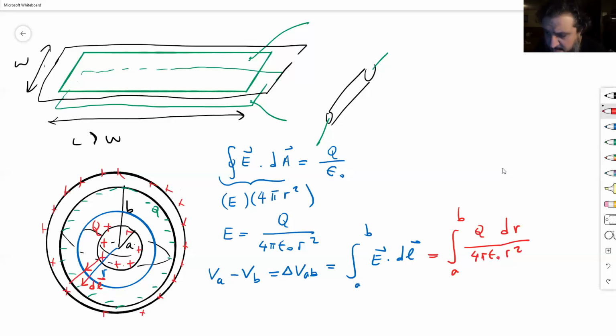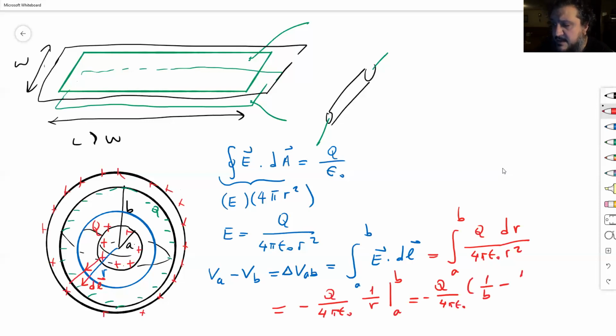So this integral will give me negative Q divided by 4 pi epsilon 0 times 1 over r. The limits are A and B, or negative Q over 4 pi epsilon 0 times (1 over B minus 1 over A).